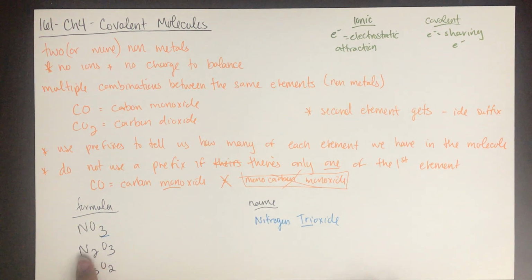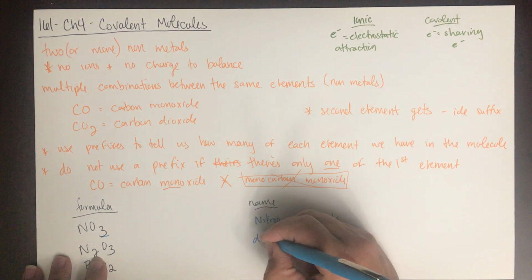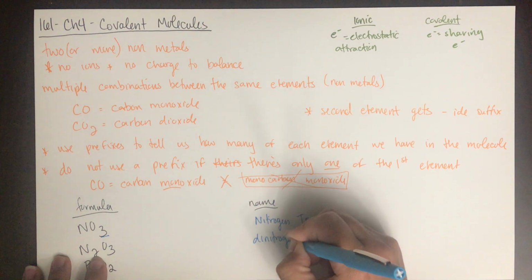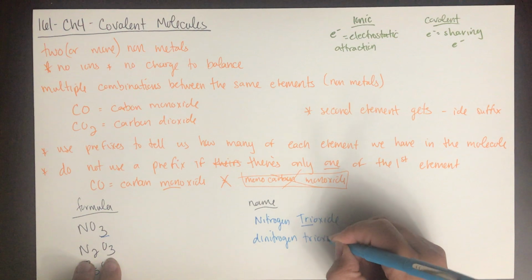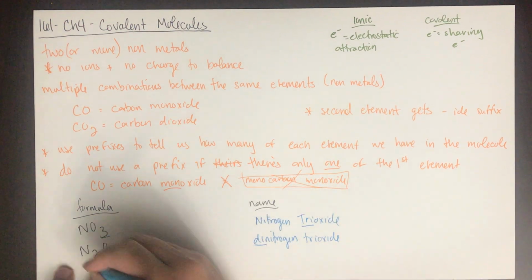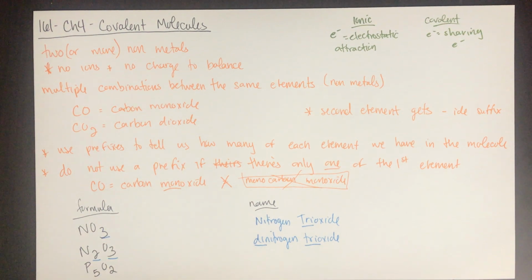So now let's look at this one. N2O3. N2 means dinitrogen. 3 oxygens, trioxide. Di is 2, tri is 3. Dinitrogen trioxide. Let's look at one more.